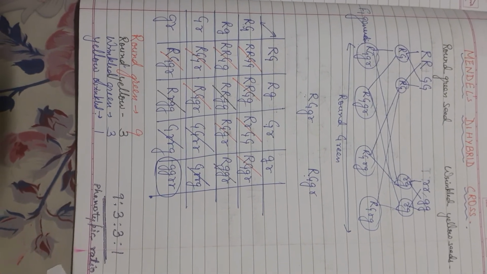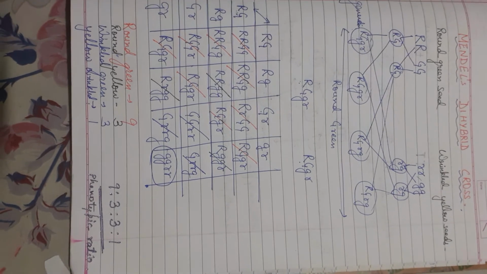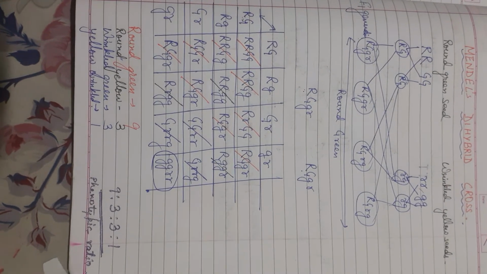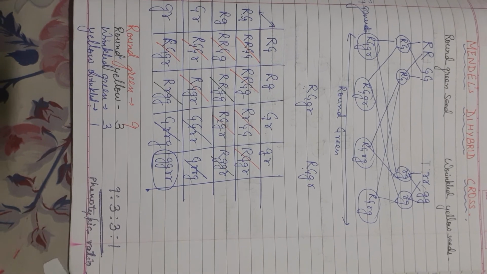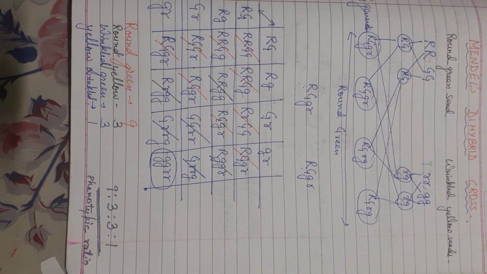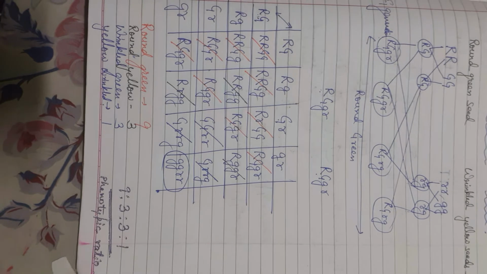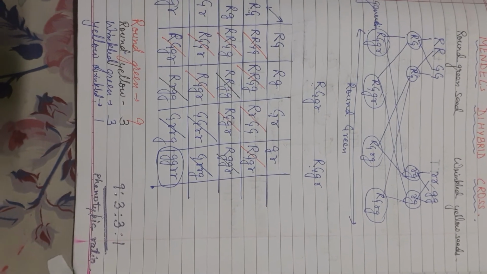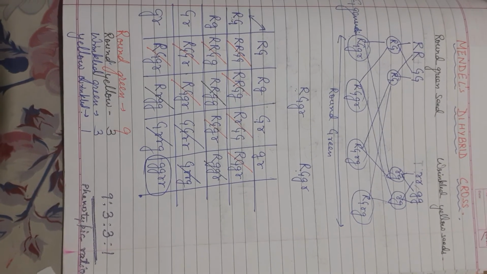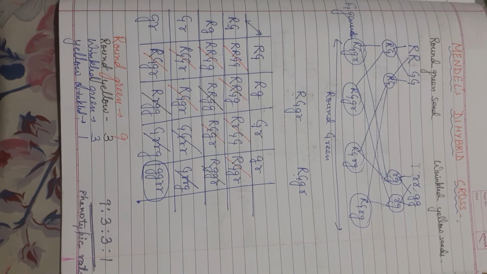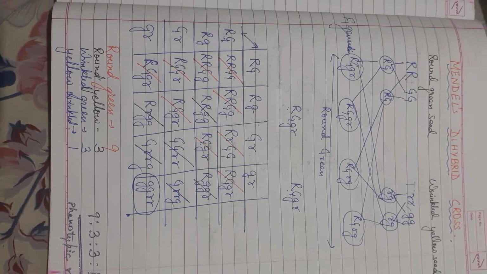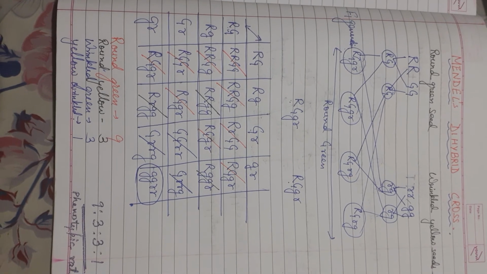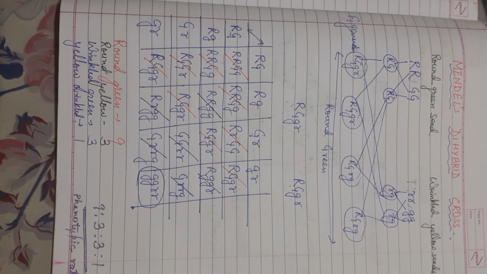So you can take these types of contrasting characters and then do a similar type of crossing. One thing you should always remember while doing the crossing is that the dominant one should always be represented by a capital letter and the recessive one by the small letter of the same letter. Then in your crossing there will be no problem.